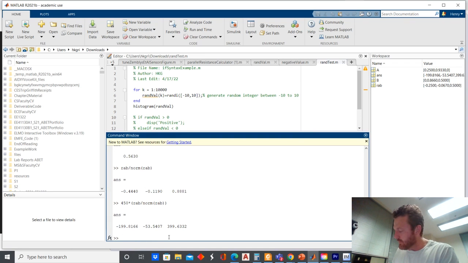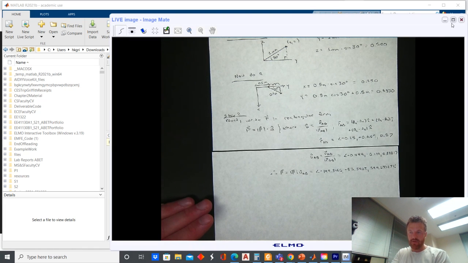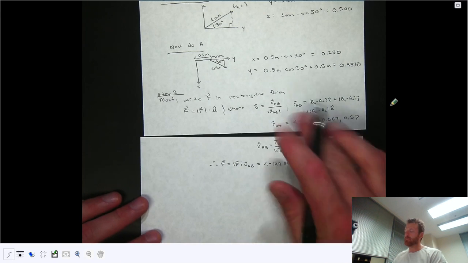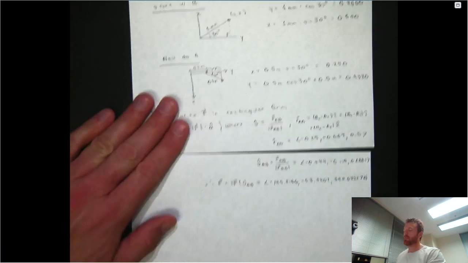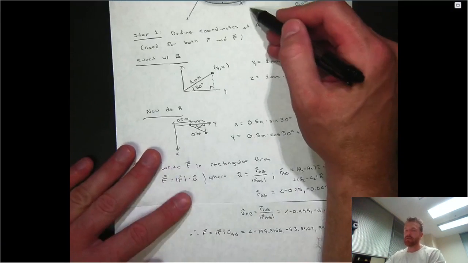So hopefully, whatever calculation approach you used, you were able to get this expression for the force vector F in newtons. We'll go back to the document camera so everyone can see that. However you did it, the approach is: you're given the magnitude of a force and enough information to write an expression for its unit vector.